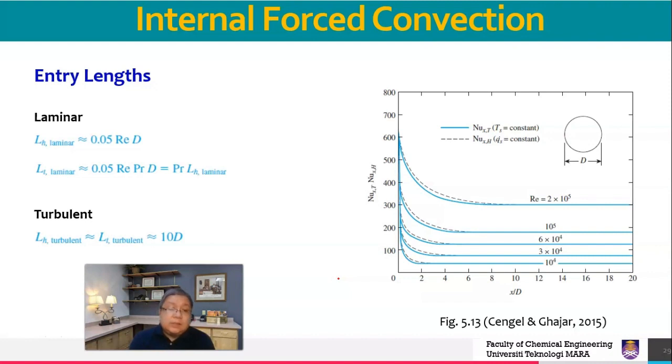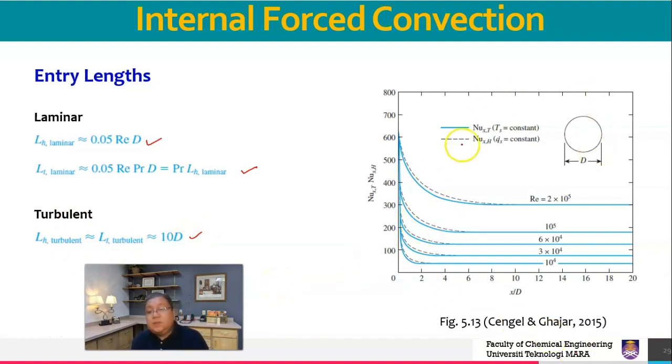If it is the hydrodynamic region, this will be the simpler formula. If you have the Prandtl number as an additional term, then you have the thermal boundary layer. For turbulent, it will be the same for both layers. It's 10D. I will show you after this.